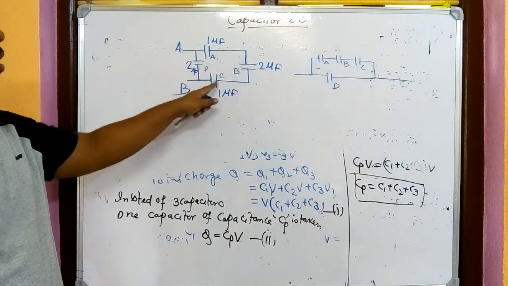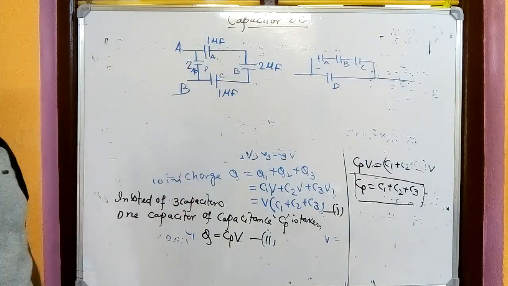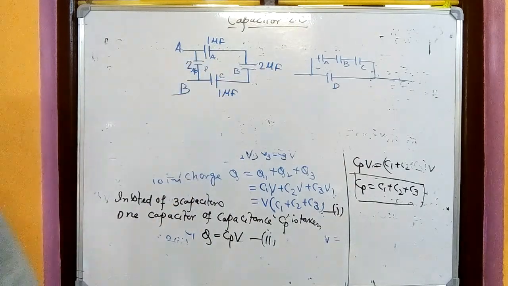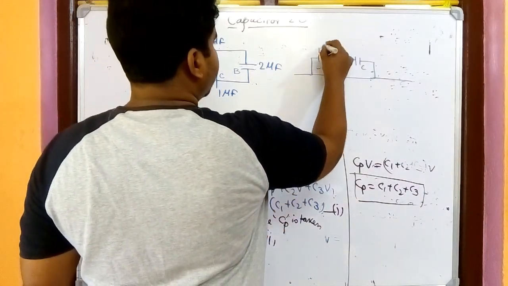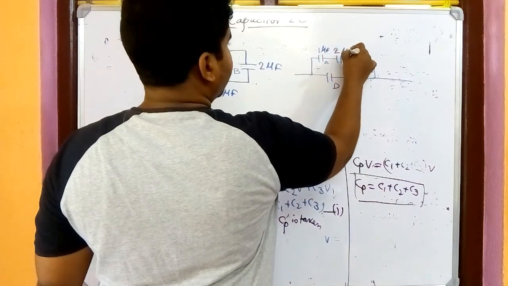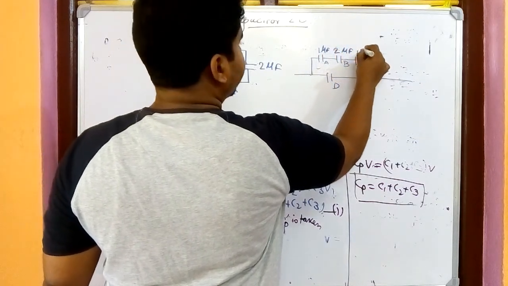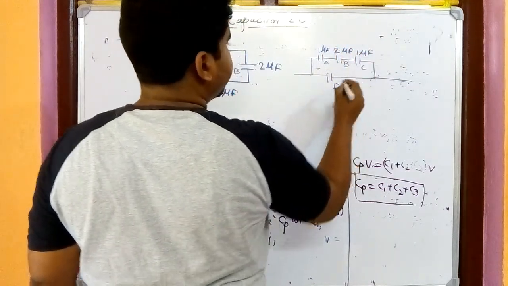So these three are connected one after another, end-to-end. Now put the values: it is 1, it is 2, and it is 1 again. And here it is 2.